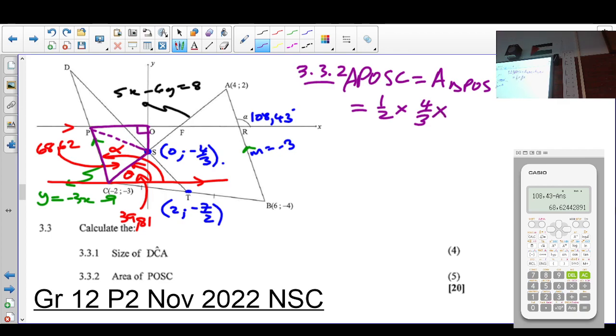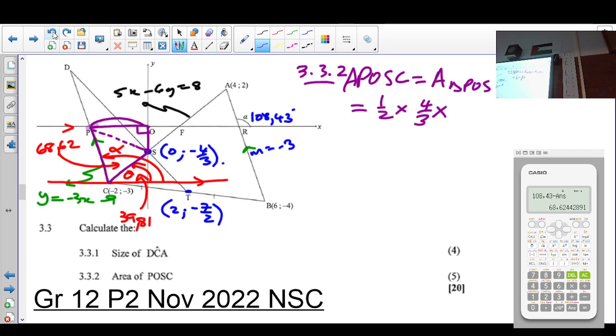times the base. Now, I need to know what the point P is. Why? Because OP would be the distance as the value of P is. This is the positive part there. But how do I calculate the coordinates of P?